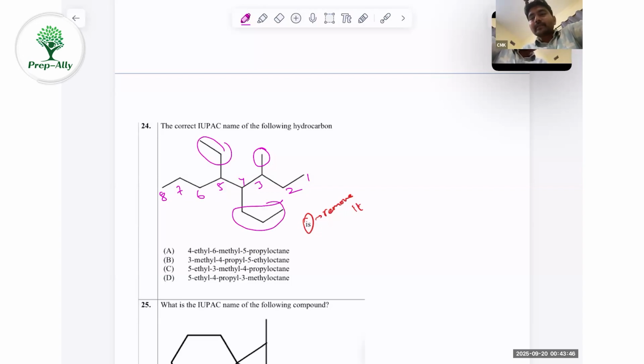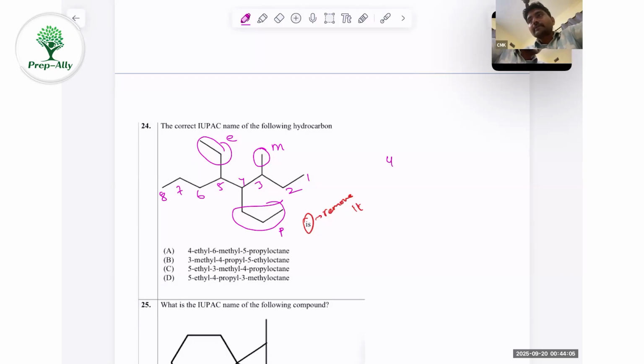Propyl, ethyl, methyl: E, P, M if you take it. Which one will come first? E comes first. So you can take ethyl as the first. While writing, you should follow alphabetical order.